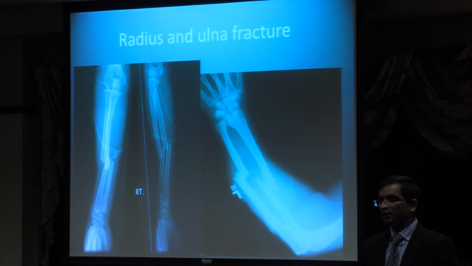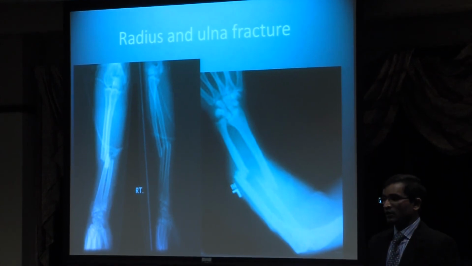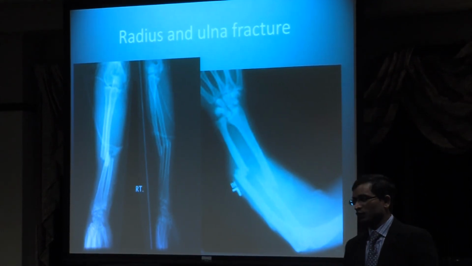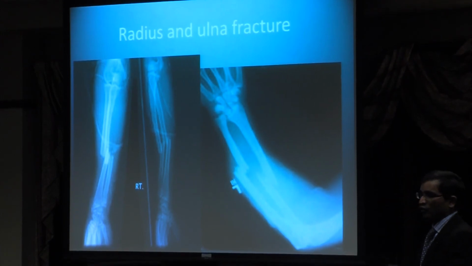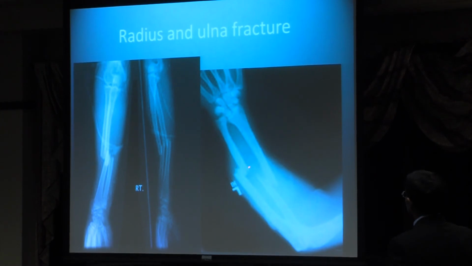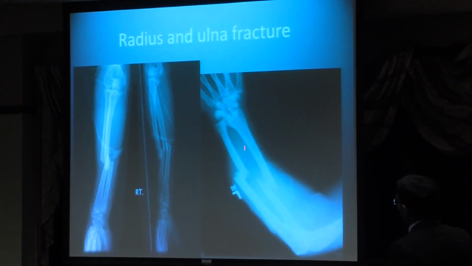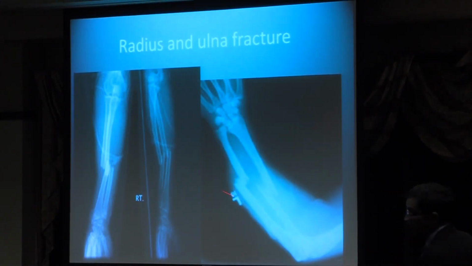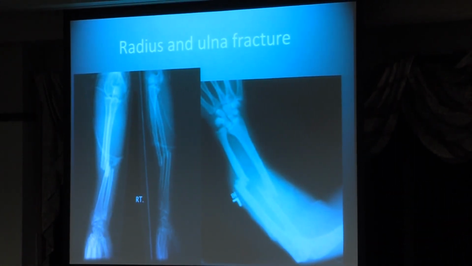That is a very difficult problem to treat if this fracture heals in this malposition. In fact, you may have to go and re-break and maintain this interosseous space. So that is the reason why we recommend to fix this, to avoid shortening and also narrowing of this interosseous space.